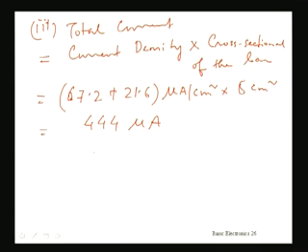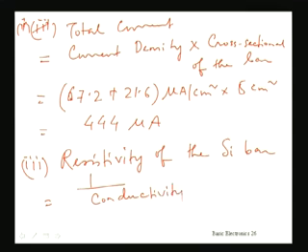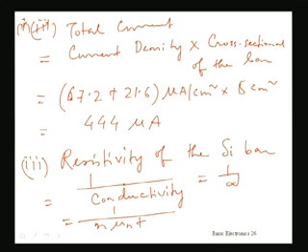And the next part of the problem is resistivity. Sorry, this is part 3. This was part 2. Part 3 is the resistivity of the silicon bar. As you know, resistivity is 1 upon conductivity, and conductivity sigma is (n mu_n plus p mu_p) into q.